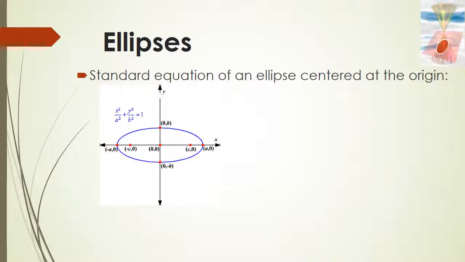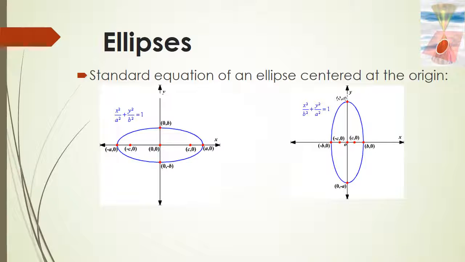The standard equation for an ellipse centered at the origin is x squared over a squared plus y squared over b squared equals 1. Now this is for an ellipse where the long axis is your x-axis, or the horizontal axis. Or x squared over b squared plus y squared over a squared equals 1. And this is where your long axis is the y-axis.